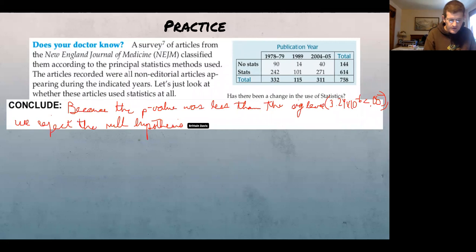All right, so that doesn't put any context into this. So we want to add another sentence. And I'm going to go back to the question we were asked. Has there been a change in the use of statistics? So I'm going to answer that question directly.